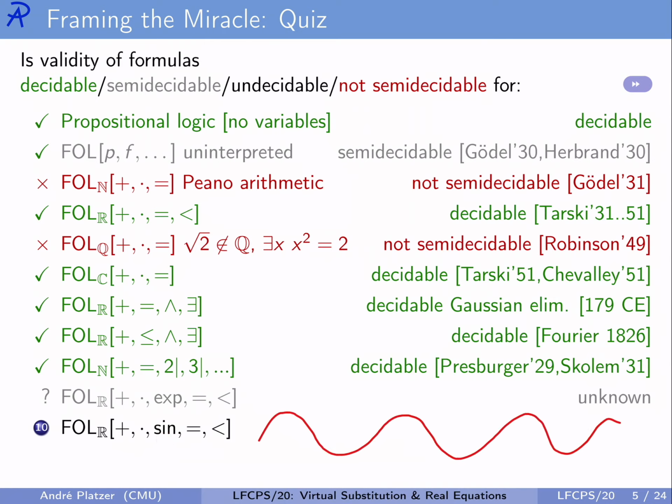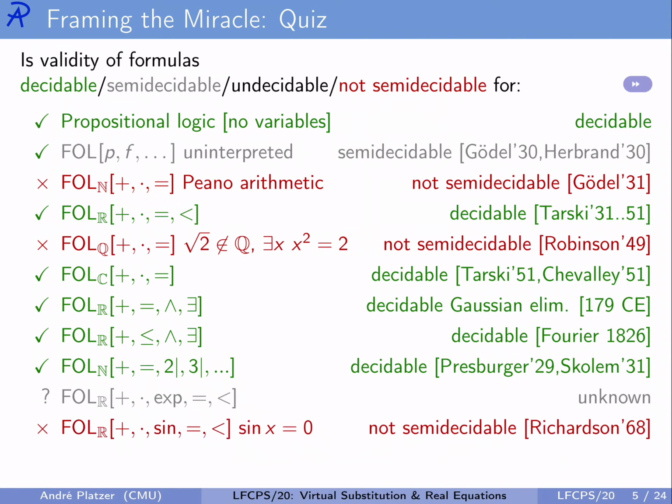The sine function has roots here, but that's just a shifted version of the natural numbers, because, well, just multiplying by pi will give you a copy of the natural numbers. So indirectly with the sine function you would have the natural numbers, and remember that natural number arithmetic is really hard, not even semi-decidable. So that's also not semi-decidable.